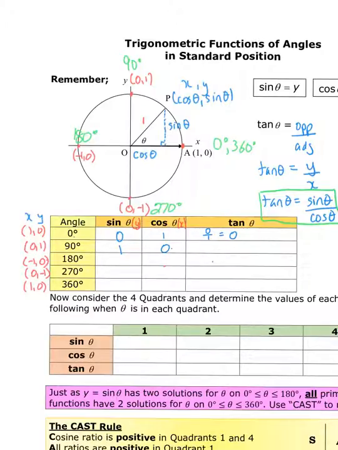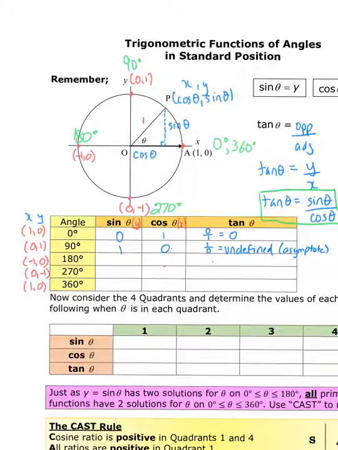To get tan, I'm going to divide my sine value of 1 by cos 0. Again, you cannot divide by 0, so we say that this is undefined, which means that there is an asymptote here if you were to graph the tan function.